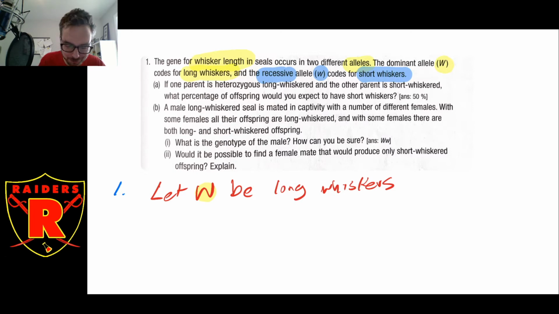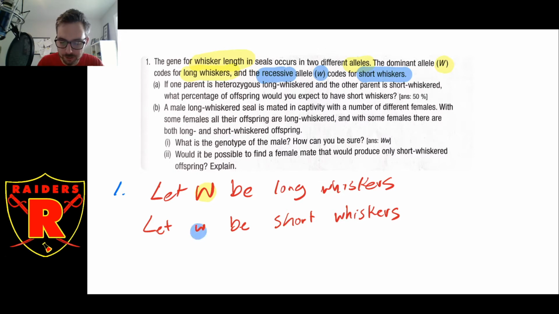But I'll try and make the capital and small letters as clear as possible. So little w, I'll draw it like that. We're going to let little w be short whiskered, and that's the recessive. So capital W is dominant over small w. Long is dominant over short.